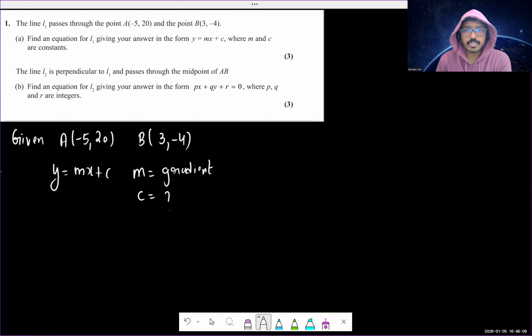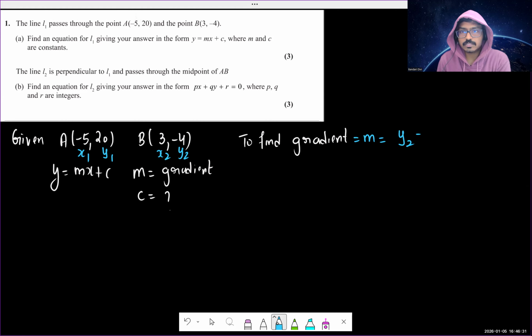To find the gradient, it's simple using the coordinates. We have x1, y1 and x2, y2. So our gradient m is equal to (y2 - y1) over (x2 - x1). That's the equation of the gradient.